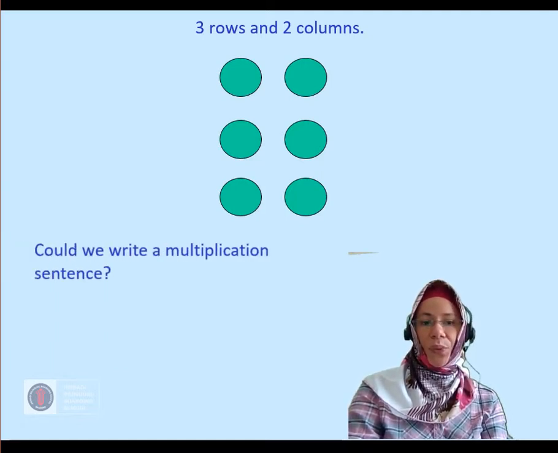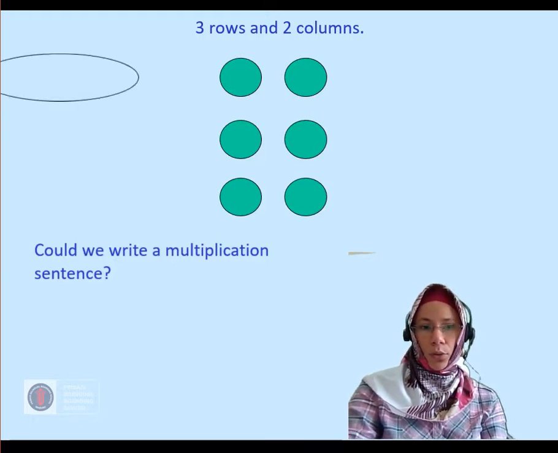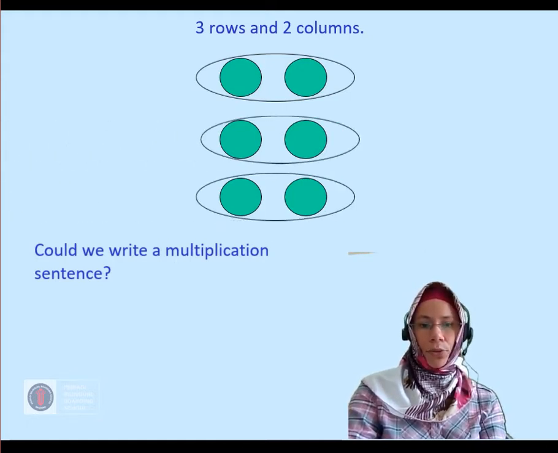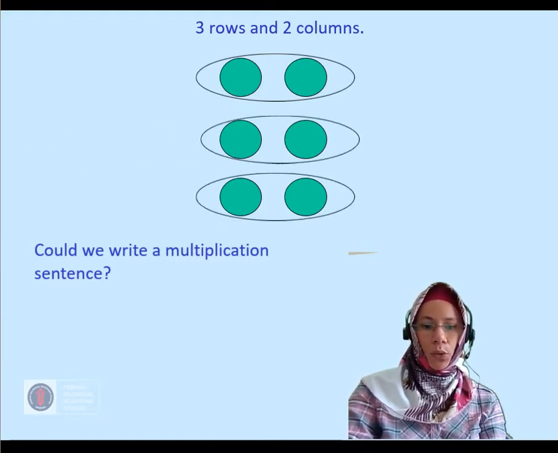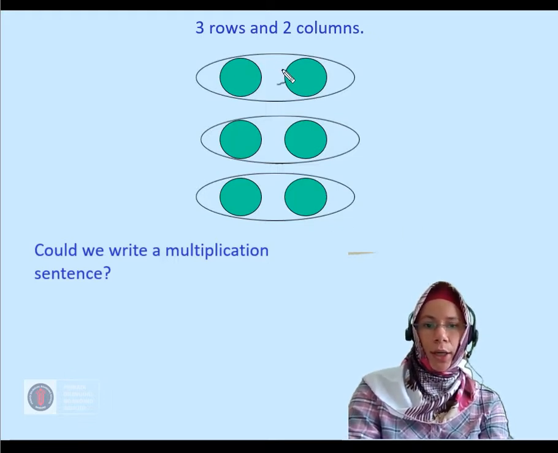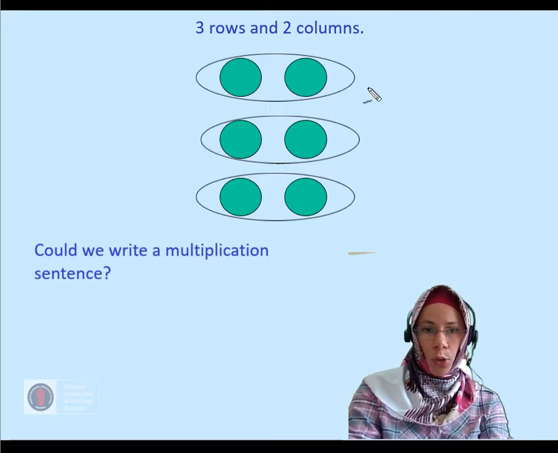How can we write a multiplication sentence? So let's start with the rows. First row, second row, and third row. So how many rows do we have right now? 3. Okay, let me choose a color here. Let me choose the blue one. So we have 3 rows. Let me write 3.